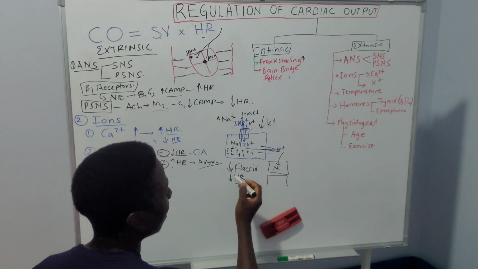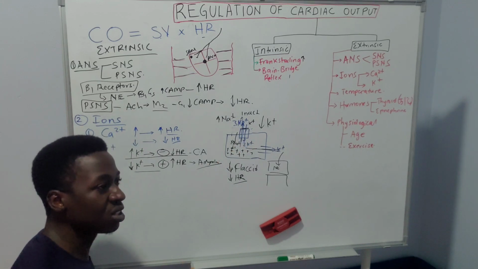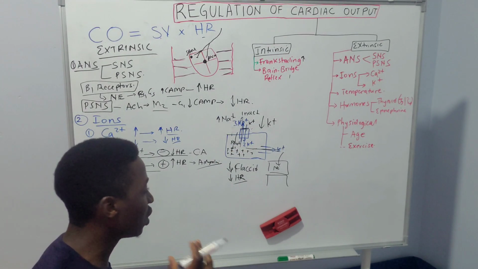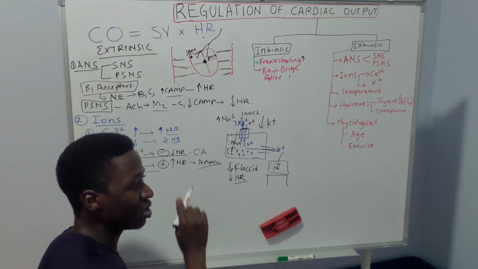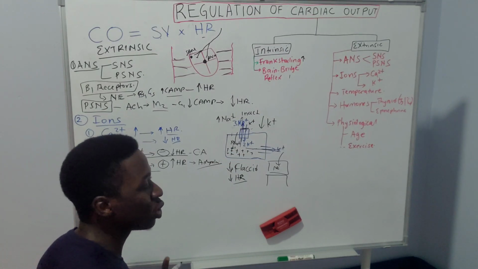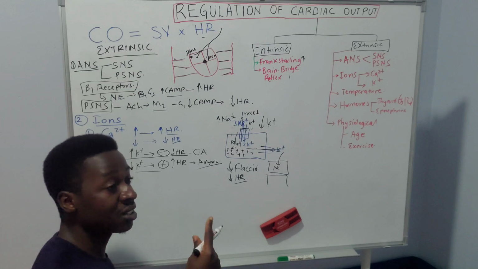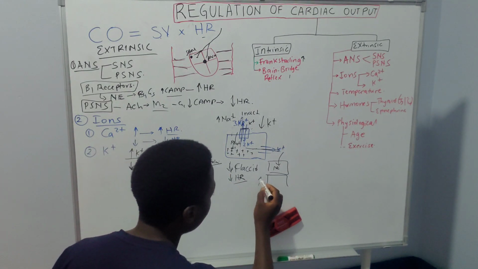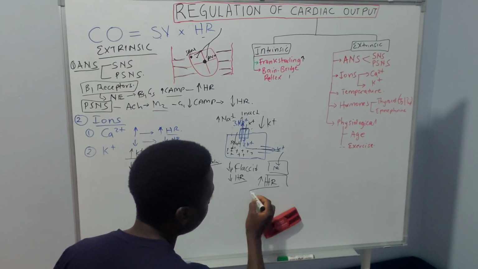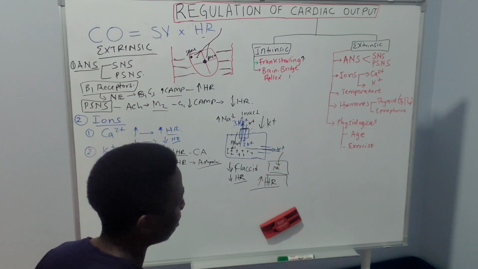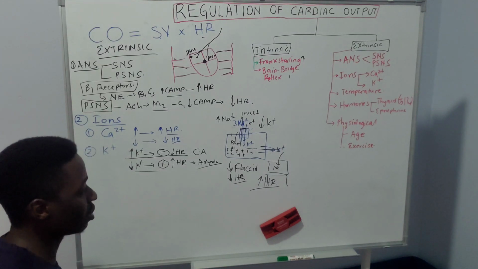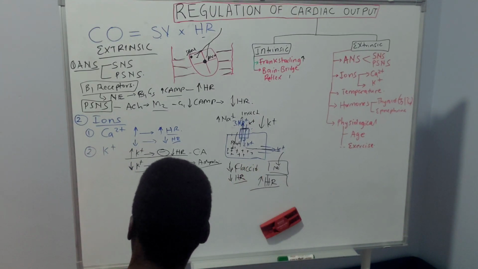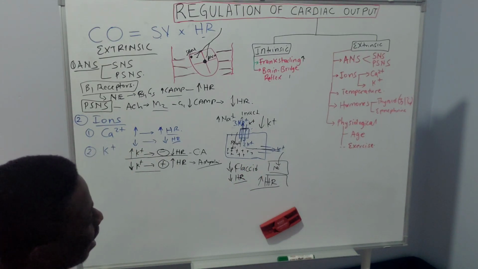And because of the increase in positive ions, the membrane potential changes from negative towards positivity, making it easier to depolarize. And that is why the heart rate increases, because of increased action potentials generated. So that is it about the ions.